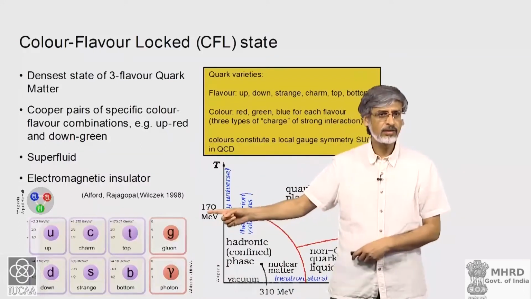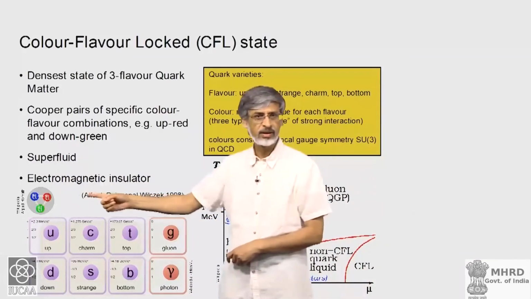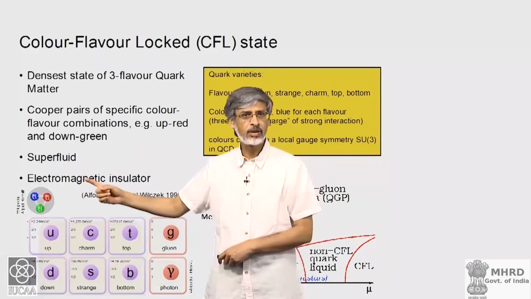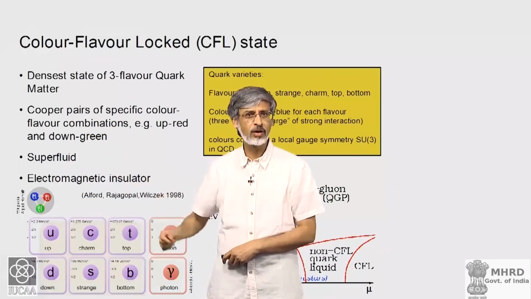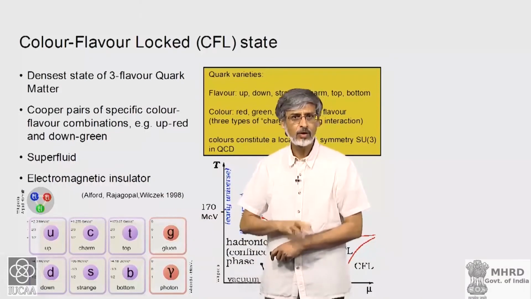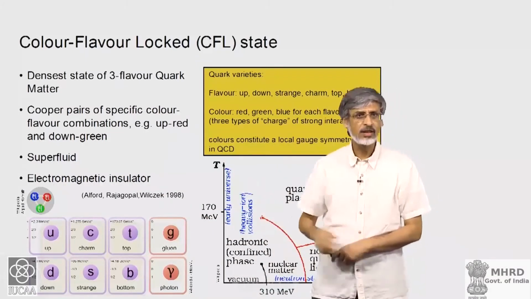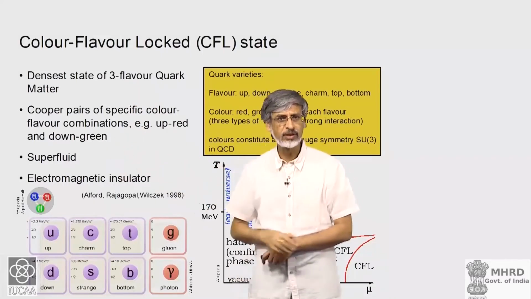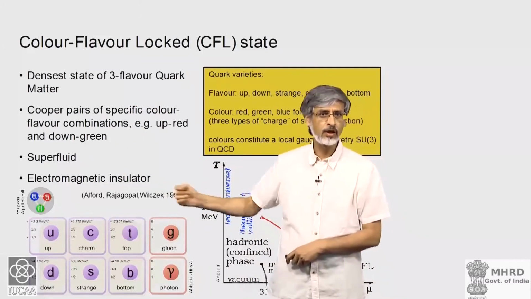So, any quark can appear in any of these 3 color states. So, specific combinations of flavors and colors give this color flavor locked state, which is a superfluid and is an electromagnetic insulator.